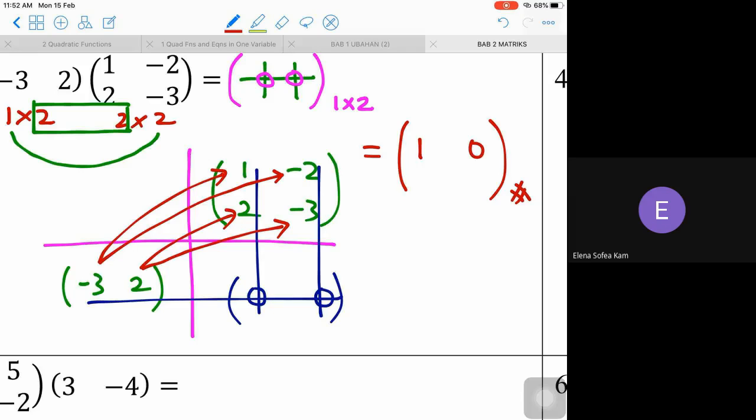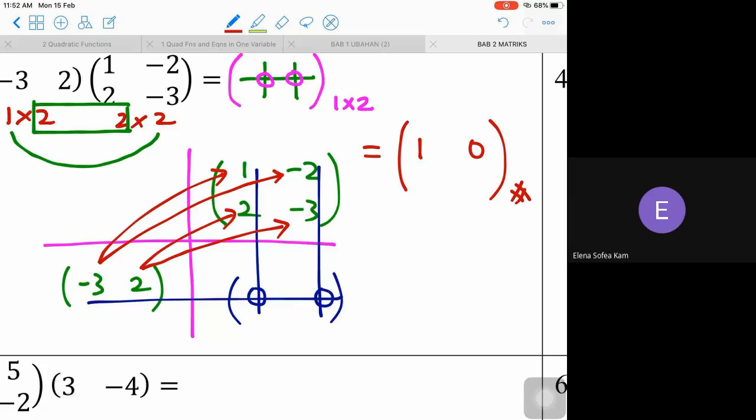Betul kah Sifa? Betul kan saya kalau saya silap? Oh ya, betul. Ya, belum bangun lagi ni. Salah tekan calculator. Okay, so the answer should be 1, 0.